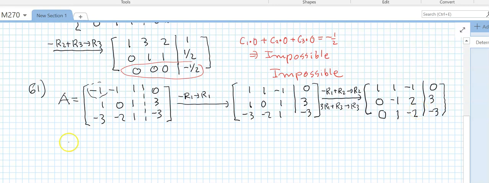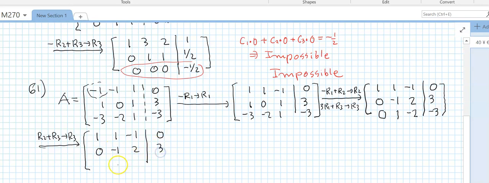So now I'm going to do R2 plus R3 goes to R3. So I get 1, 1, -1, 0, 0, -1, 2, 3. This one happens to be all 0. That means we're going to have infinite solutions.